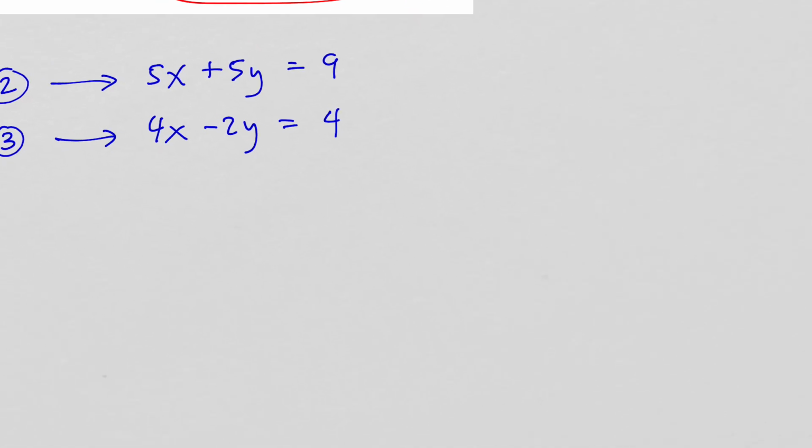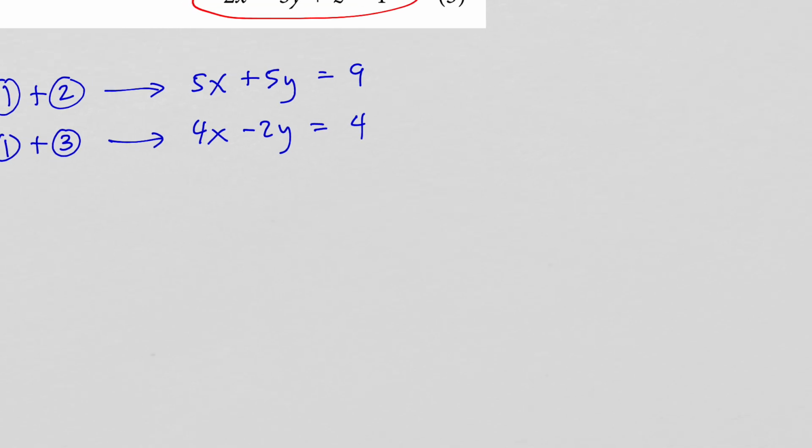And again, you can use substitution, or you can use elimination or the addition method. I'm going to use the addition method. So to do that, I want you to recognize here that the least common multiple of 5 and 2 is 10.